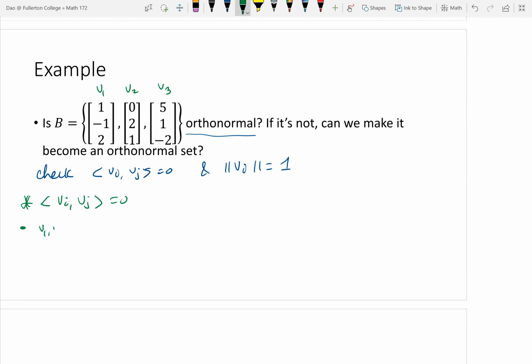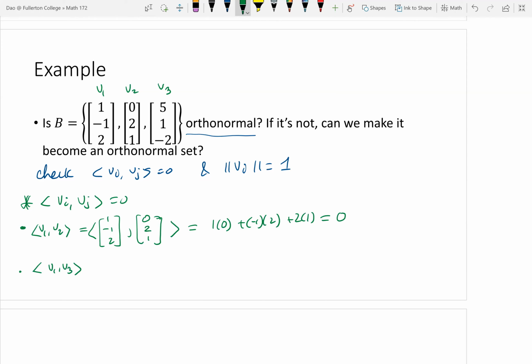So v1 dot v2 is (1, negative 1, 2) dotted with (0, 2, 1). I want to check this. This becomes 1 times 0 plus negative 1 times 2 plus 2 times 1, so we get 0. And then v1, v3: (1, negative 1, 2) dotted with (5, 1, negative 2).